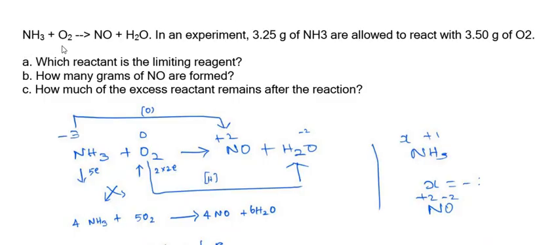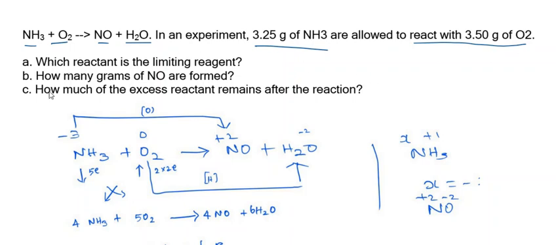Ammonia combines with oxygen to form nitrogen oxide plus water. In this experiment, 3.25 gram NH3 are allowed to react with 3.5 gram of oxygen.